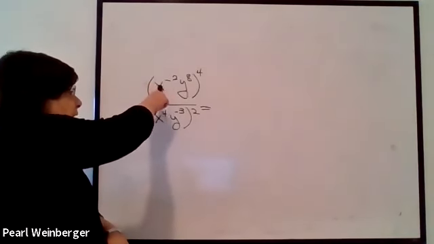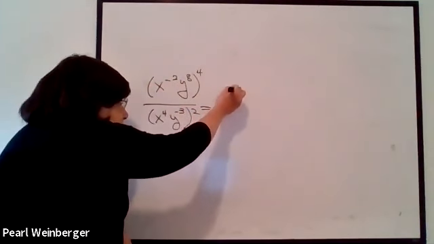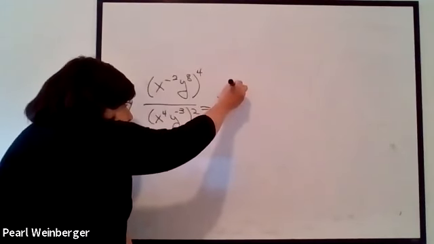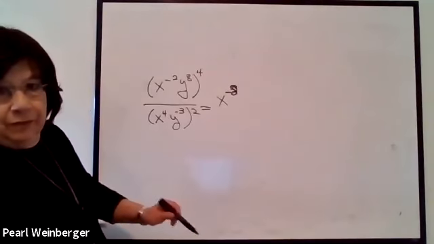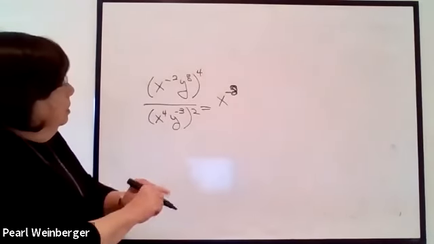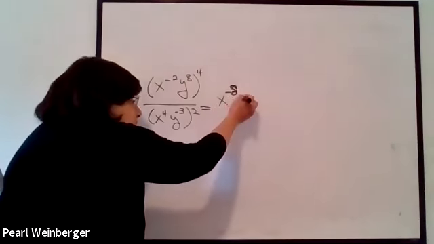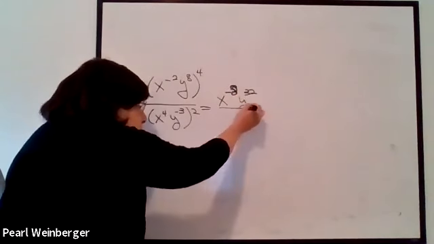So x to the -2 to the 4th power gives me x to the -8. y to the 8th to the 4th power will give me y to the 32. Remember, we're multiplying the exponent.